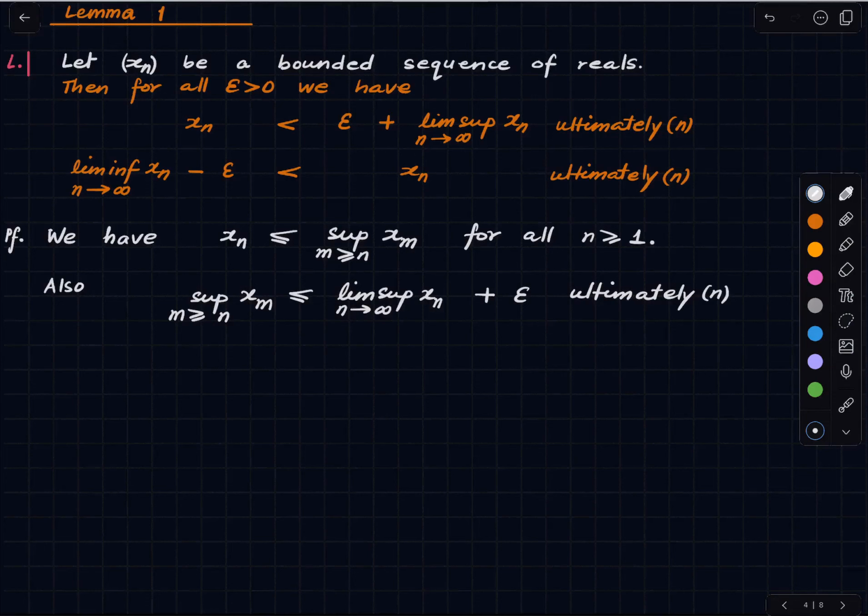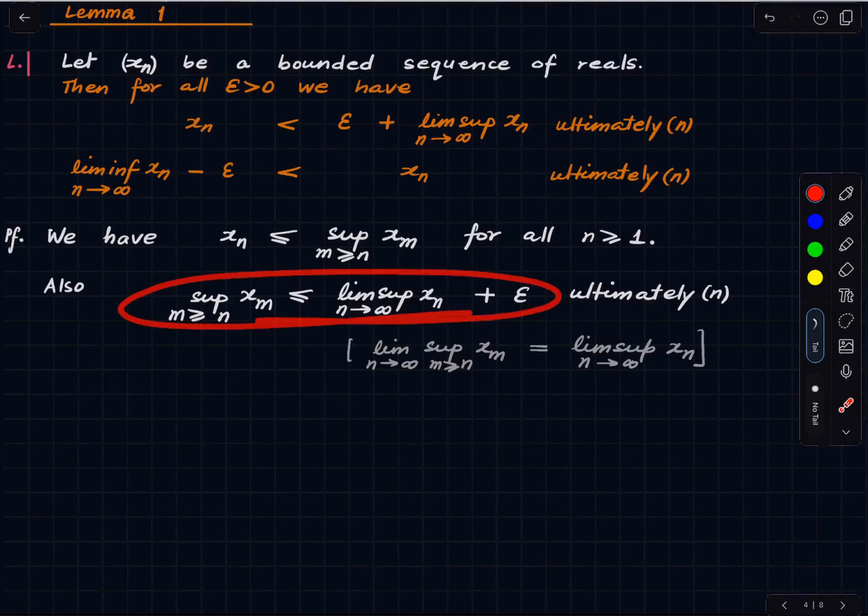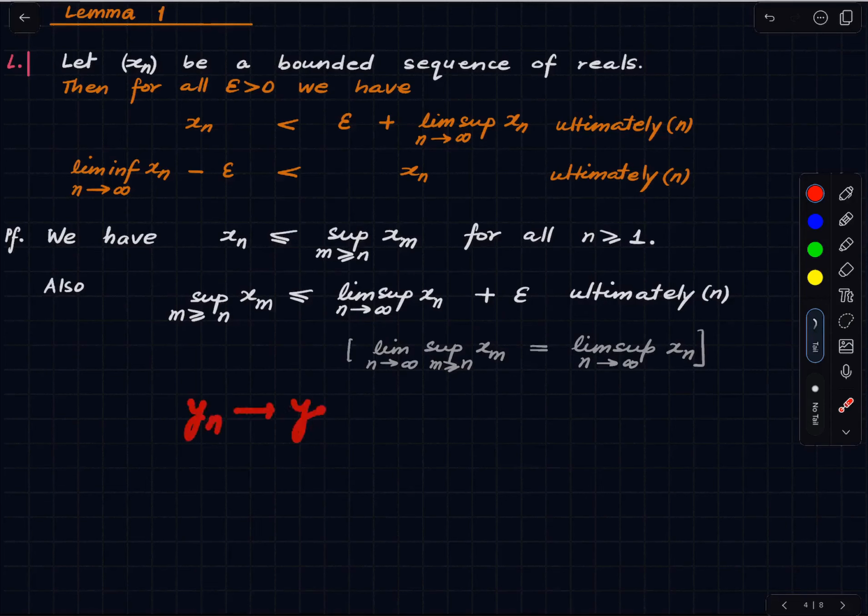This is simply from the definition of the limit superior, because the definition of the limit superior is that the limit of this guy is the limit superior, and immediately from that we get this inequality, right? So all I'm saying is that if yn converges to y, then yn is less than y plus epsilon ultimately. This is a one-way implication, but it is true.